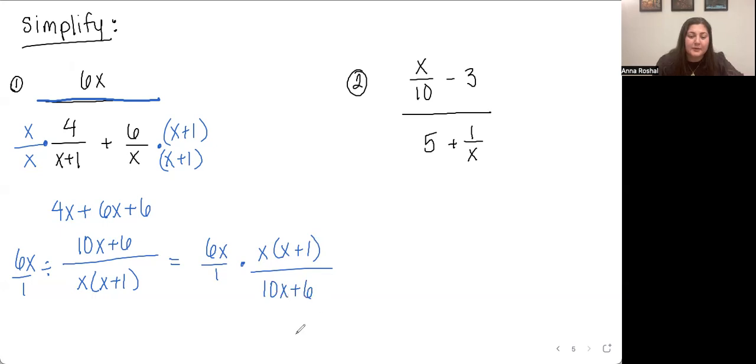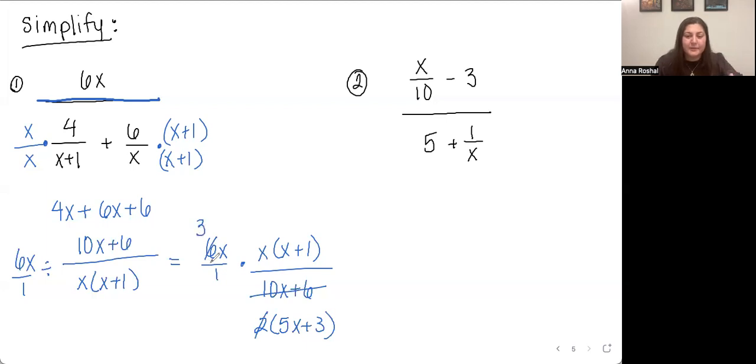10x plus 6. Actually, I totally forgot to factor here, but no worries, I can factor here. I know that 10 and 6 are multiples of 2. So I'm going to pull a 2 out, and I'm going to be left with 5x plus 3. So that guy goes away. And I can't really simplify anything except for this 2 and the 6.